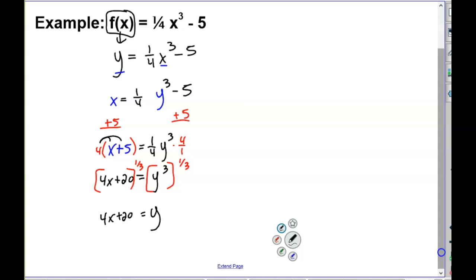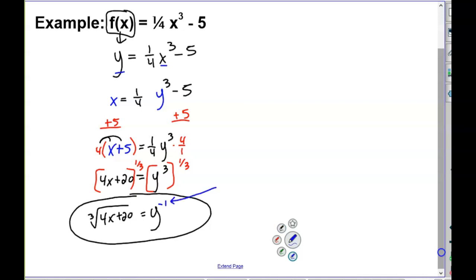And you could leave it to the 1/3 power, or you can say, you know what, that 1/3 power is really the cube root. There's only one little thing we do here. Because this isn't the original y that we had before. This is a new function called the inverse. So that little sign there is a -1.